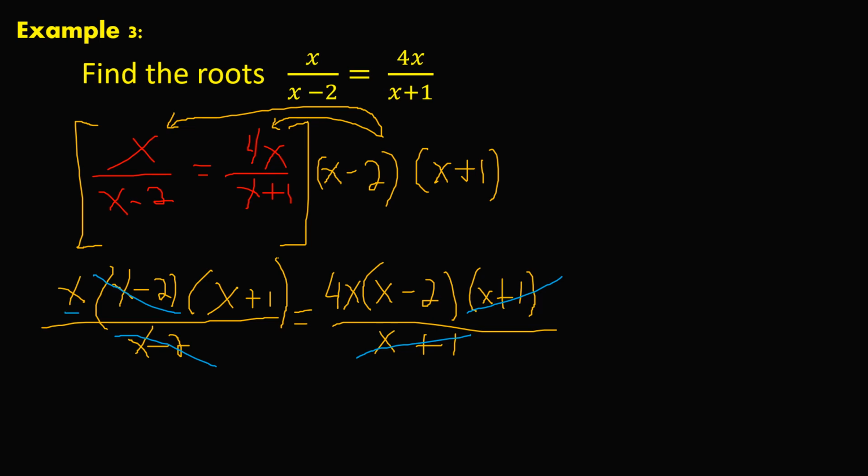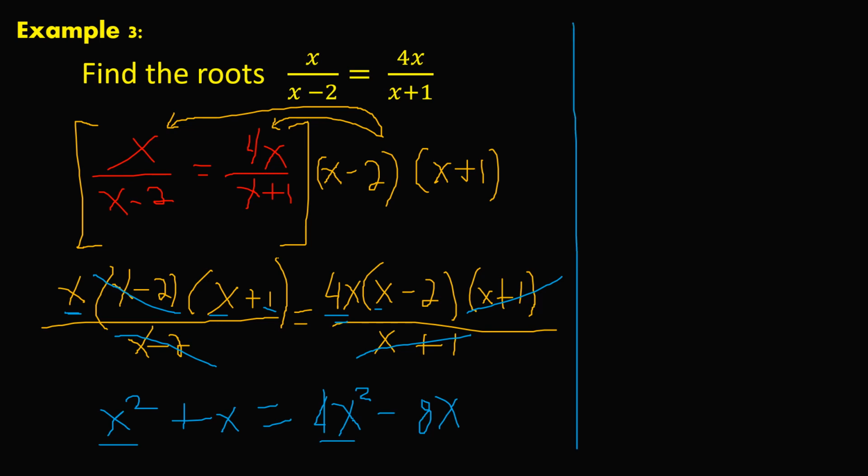We have x here times x, we have x squared, and x times 1, that's x, equals, on the right side of the equation, 4x times x, so we have 4x squared, minus 4x times 2, we have 8x. Then combining the similar terms, x squared and 4x squared are similar terms.